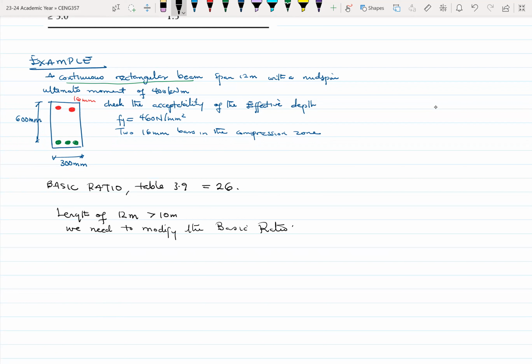And that will be the basic ratio times 10 over the span. So this is going to be the 26 that we chose times 10 over a span of 12. Okay, so this will give us 21.7. Because the span is longer than 10, our ratio has now been reduced to 21 instead of 26, because we want to limit damage to finishes on the structure.